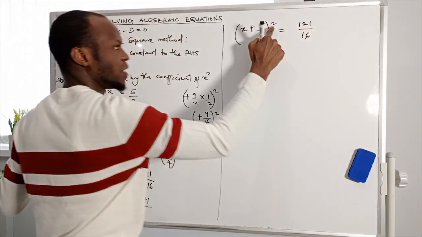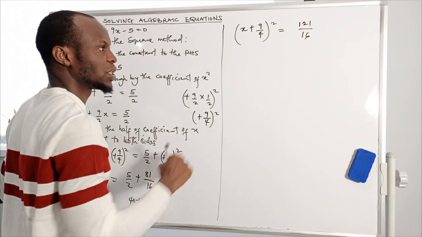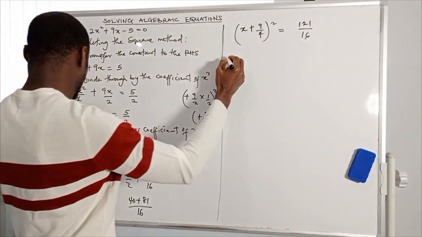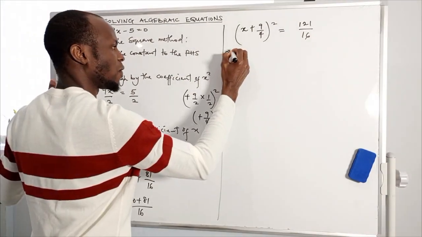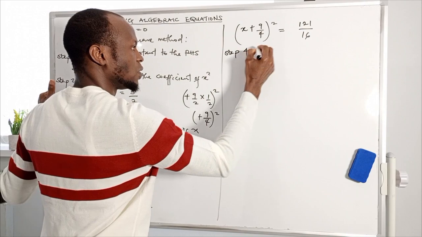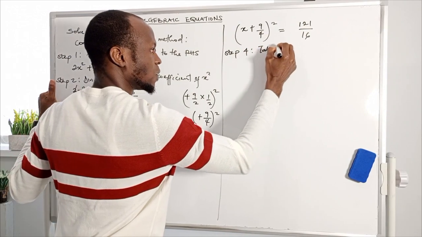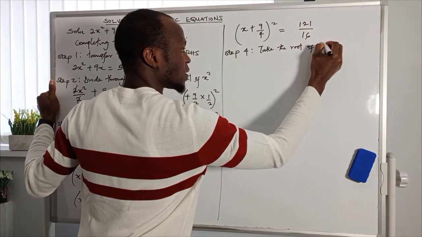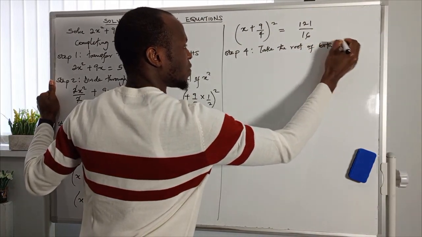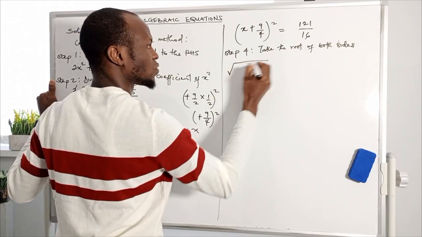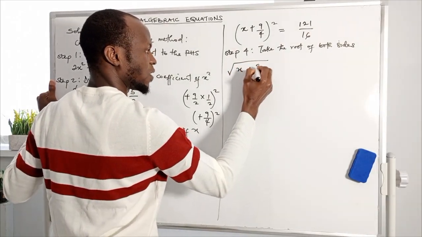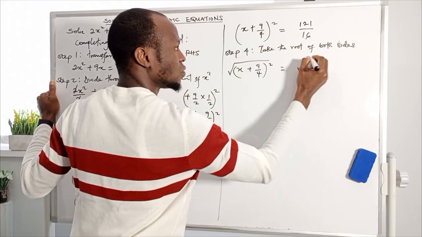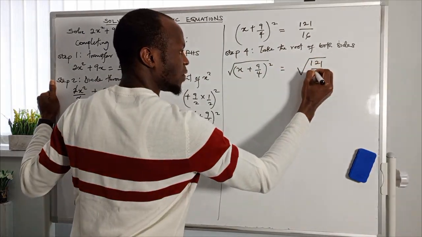If I want to remove this square, what I need to do is find the root of both sides. That is step 4, take the root of both sides. If you take the root of both sides, we have root of x plus 9 over 4 squared equals root of 121 over 16.